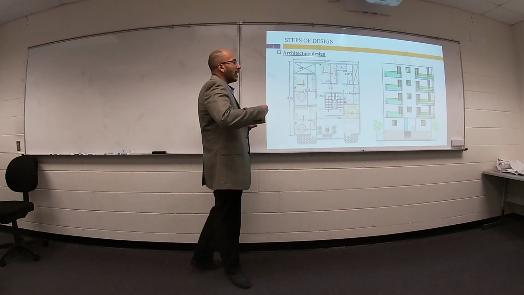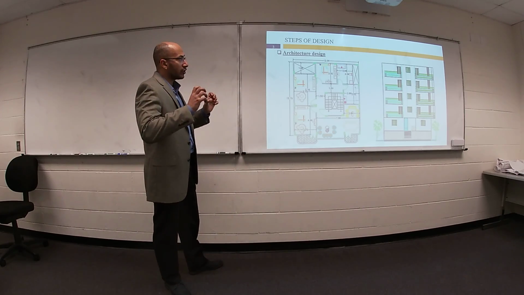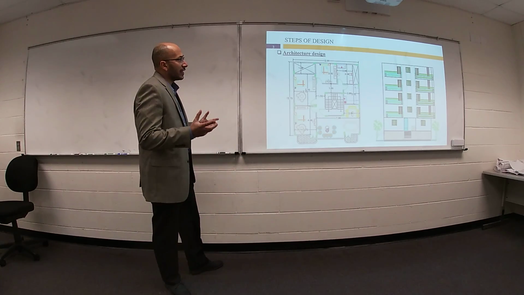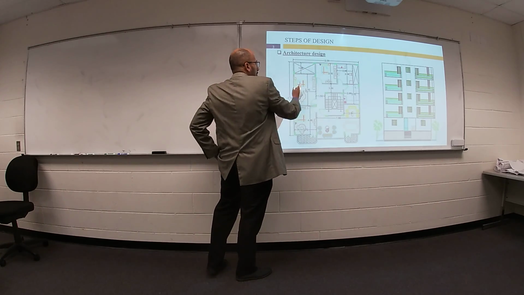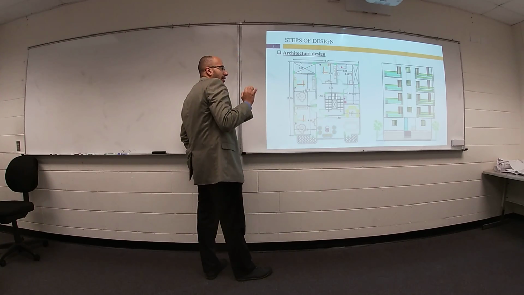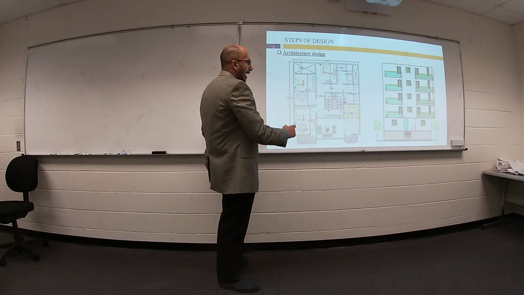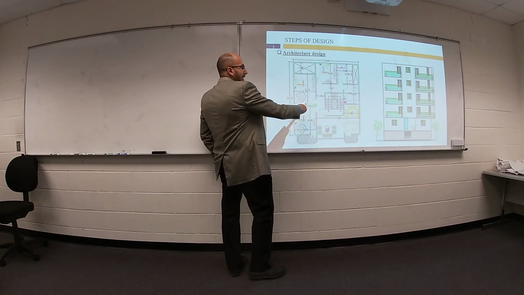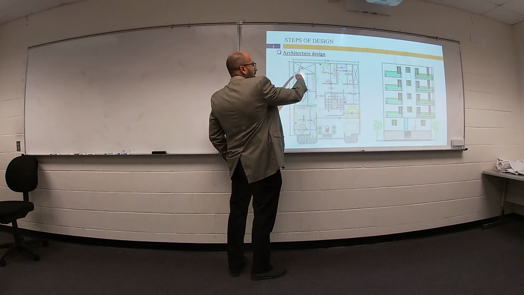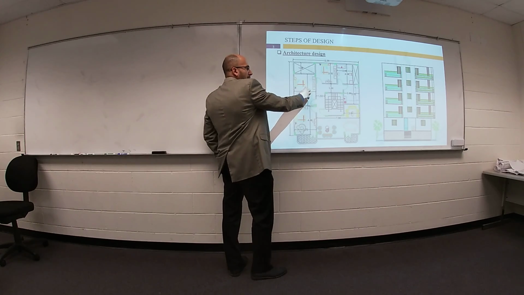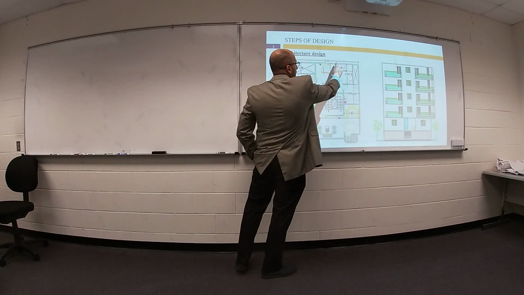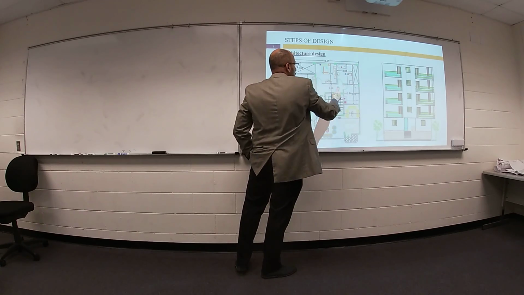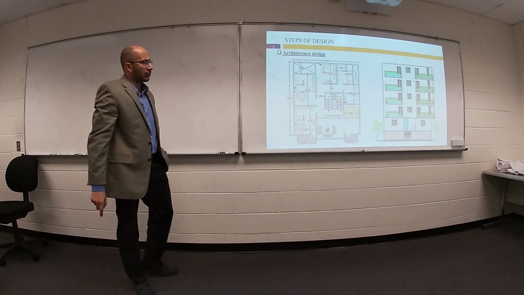So I would like to watch my architectural design first when I'm looking for locations of columns. The best location for columns is at corners, at each corner of your architectural design. If you have a bedroom, living room, stair, or bathroom, the best location is the corner of your architectural design.